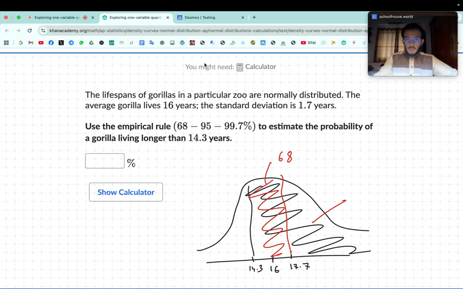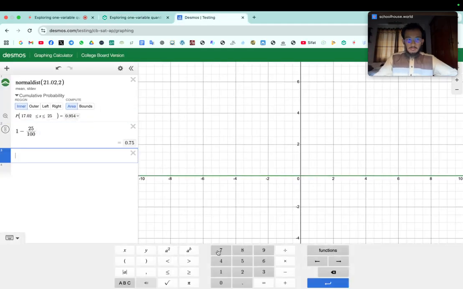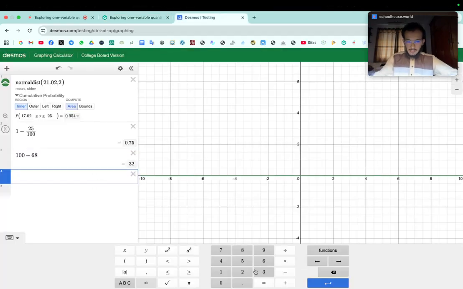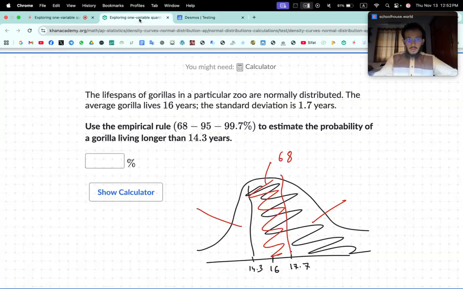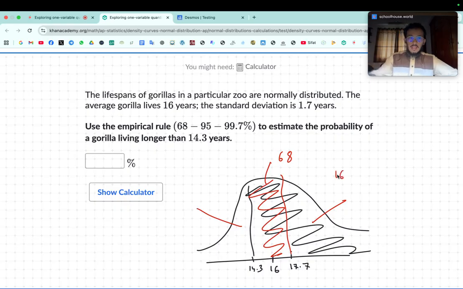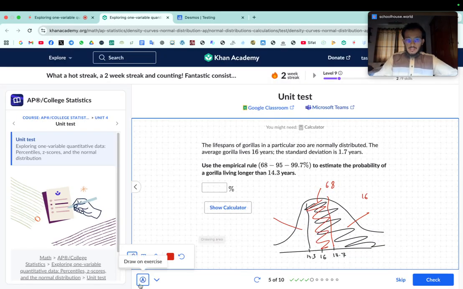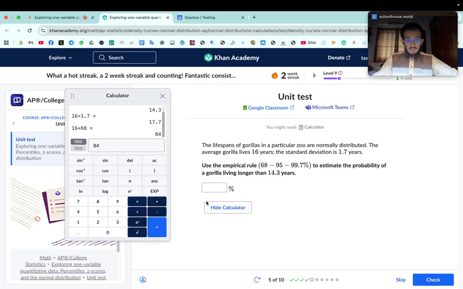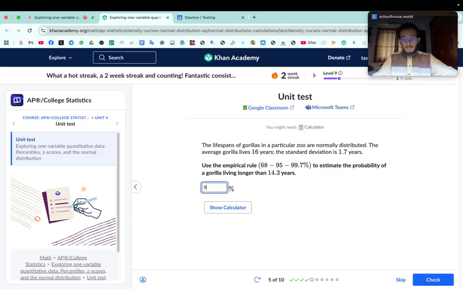The remaining portion is 100 minus 68, which is 32. Since it is symmetrical, 32 is divided between both tails, so we halve that, and that is 16. We add 16 to this to get our final answer. So 16 plus 68 is our answer, which is 84% for this question.